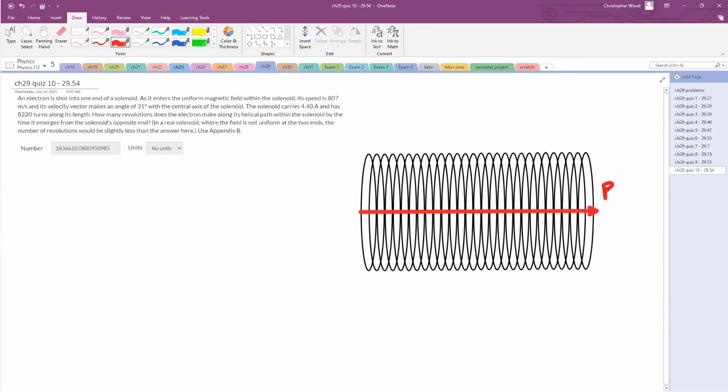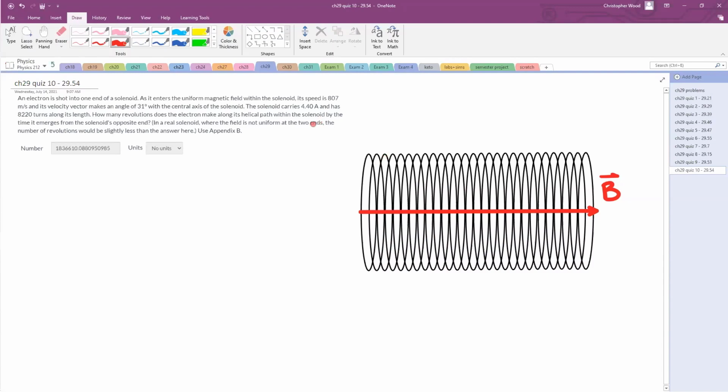So this is B vector. That is the solenoid's magnetic field vector. Again, it's chock full of magnetic field lines all over, occupying every point in space inside of that solenoid. Yes, you do have edge effects, but we're ignoring those edge effects.